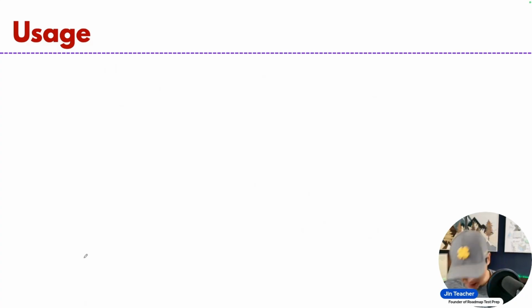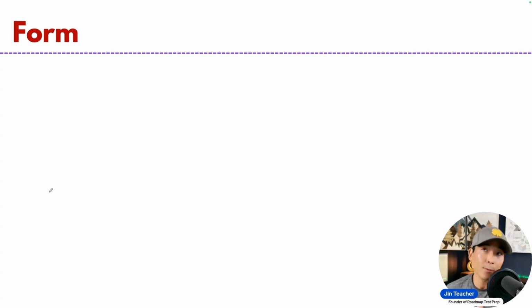Now, the second section that we're going to jump into with apostrophes is the form. So in other words, how are these words written, right? In order to understand words with apostrophes, we have to separate these into two different categories. Oh, by the way, first of all, we're just going to focus on apostrophes with nouns.